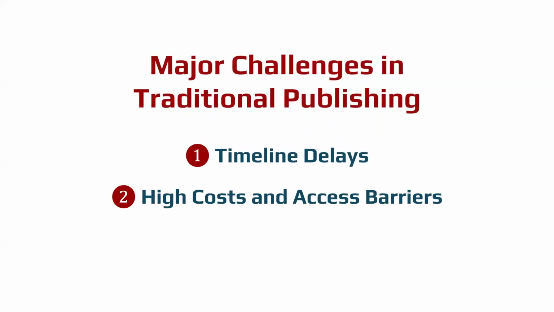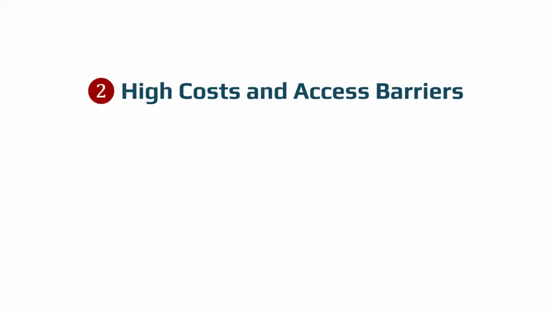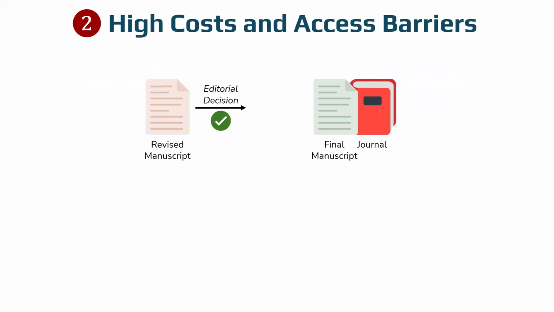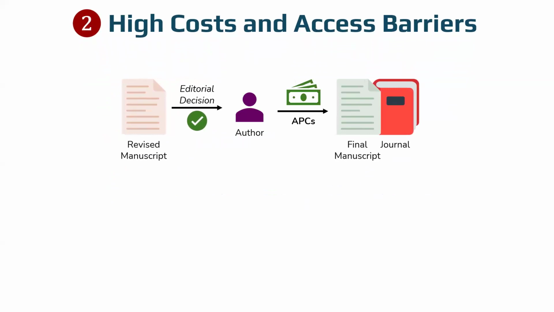The second thing is the high cost and access barriers. So when the final manuscript is accepted, the author should either pay article processing charges to the journal so that the article is published as open access, meaning that the readers don't have to pay to read this article, but then the author has to pay in order to make their article open access.